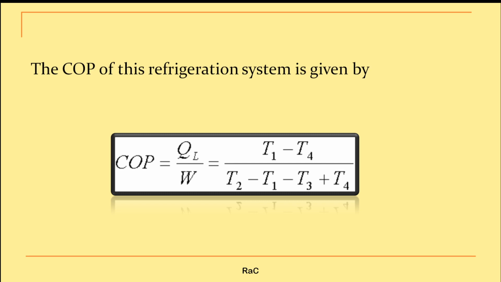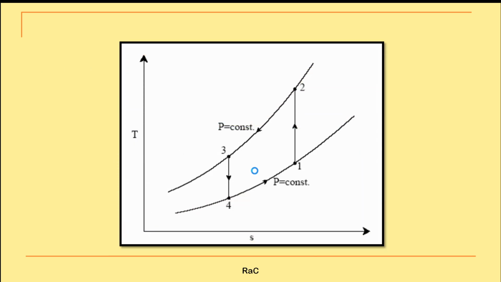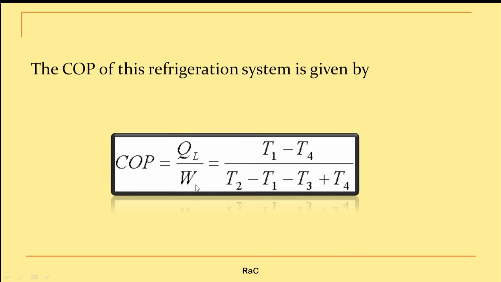So combining these two, the net work input is T2 minus T1, that is the compressor work input, what we are giving, minus what we are obtaining from the turbine, that is T3 minus T4. So minus of T3 minus T4 becomes minus T3 plus T4. That is the net work of the turbine and compressor, and it is written in the denominator. That is the coefficient of performance of this refrigeration system.